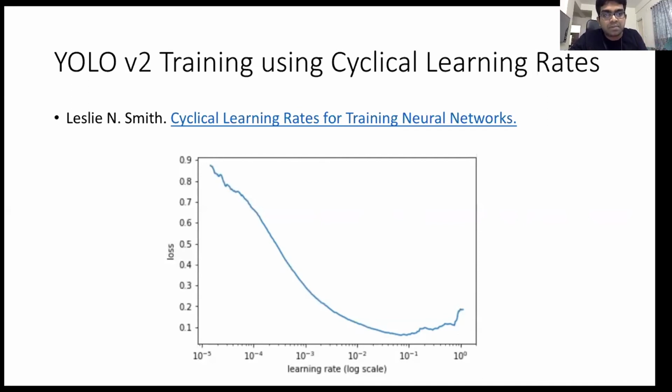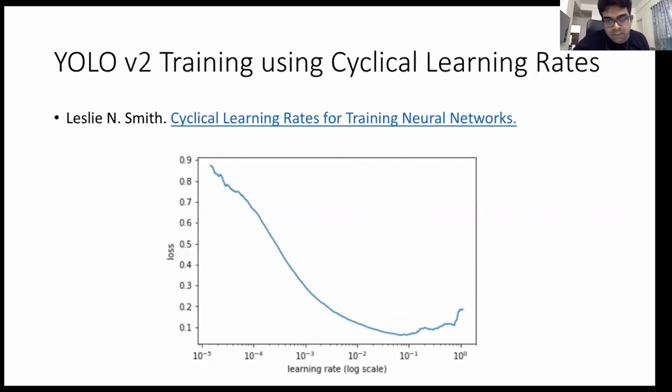In a paper by Leslie Smith called Cyclic Learning Rates for Training Neural Networks, one approach they suggested is that with every iteration, you linearly or exponentially increase your learning rate until you see that your loss is increasing.